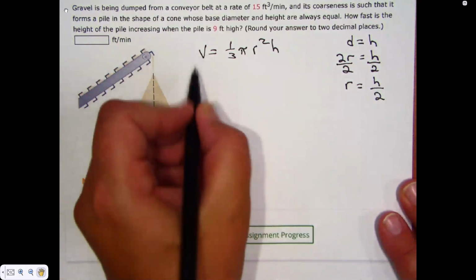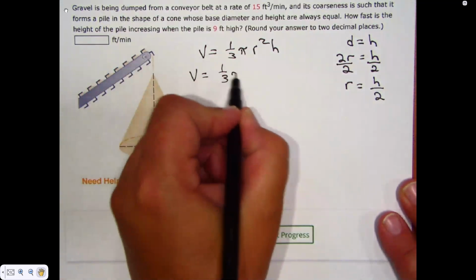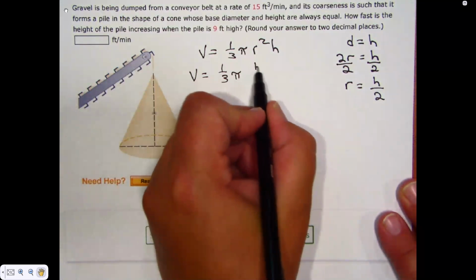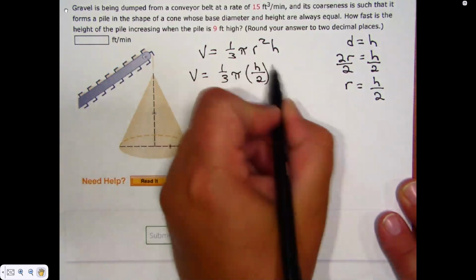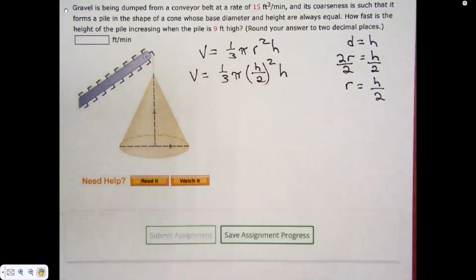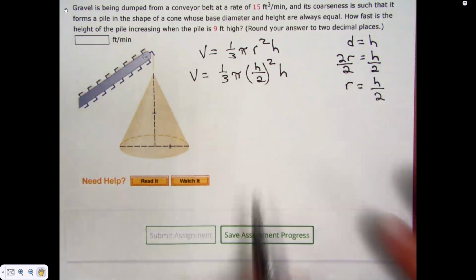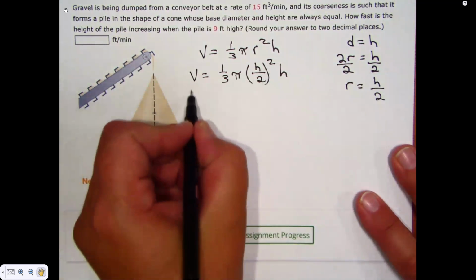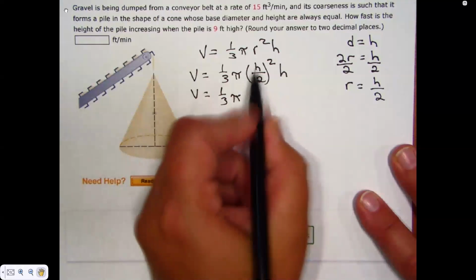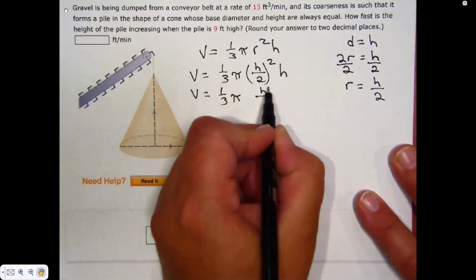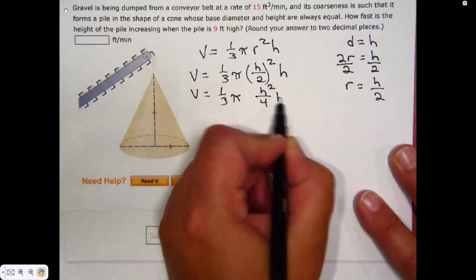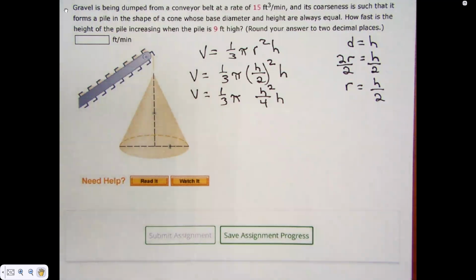All right, so let's go: volume equals one third pi, and we're putting in h over 2, and then we've got to square that, times the height. Same thing we just did, except it just wasn't a nice plug-in, right? Instead of h, we've got to plug in h over 2. All right, so let's do a little bit of algebra. This is one third pi. This would be h squared over 4. You square both the numerator and the denominator.